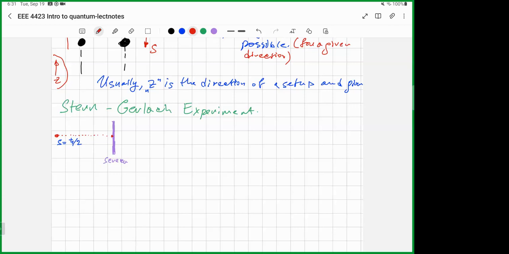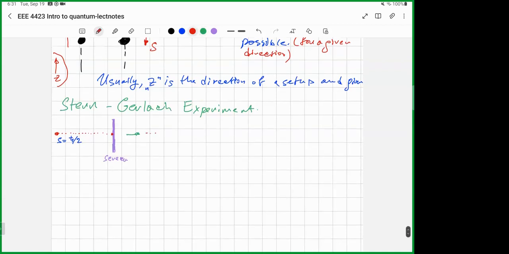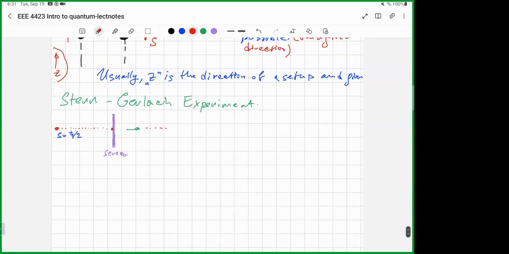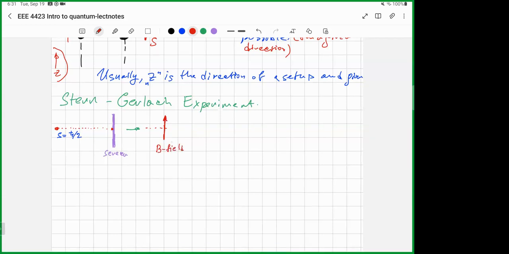Okay, so nothing curious, nothing particularly interesting. What they did after that, they put the system in a magnetic field, right? So for these particles, we turn on the magnetic field like this, in this direction. So this is B field, magnetic field.